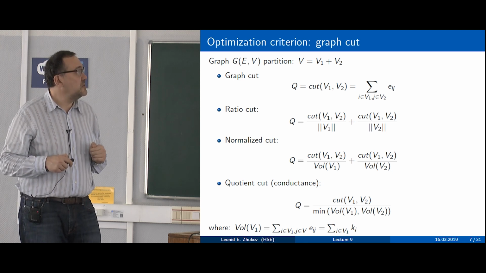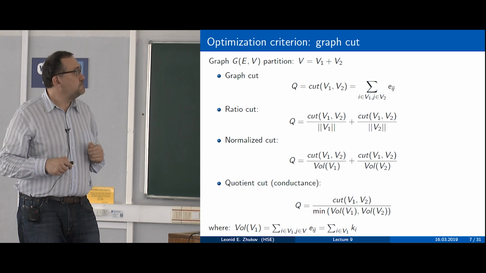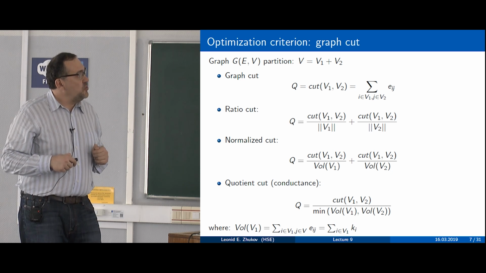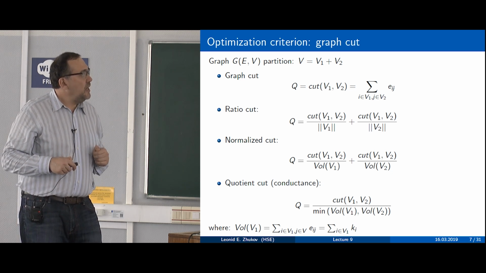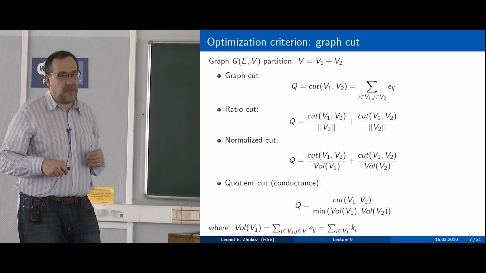That's just how many nodes are in one partition, and how many nodes in the other partition, and you add them up. Then there is a metric which is called normalized cut. It is, again, the number of edges that cross the partition boundary, divided by what is called volume. Volume is the number of edges that originate from the nodes in that cut.